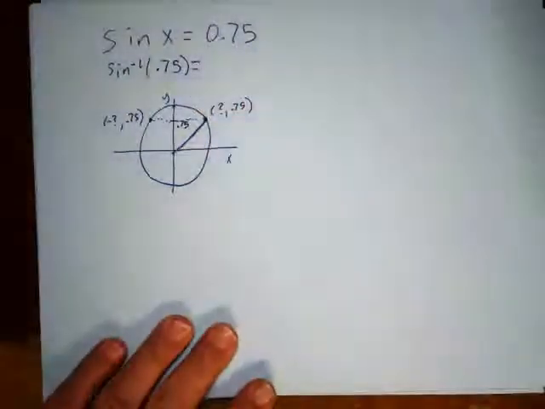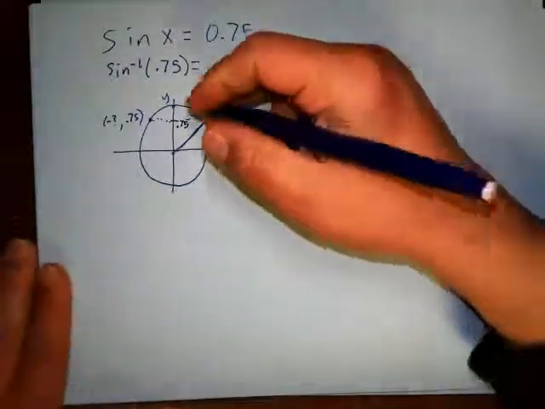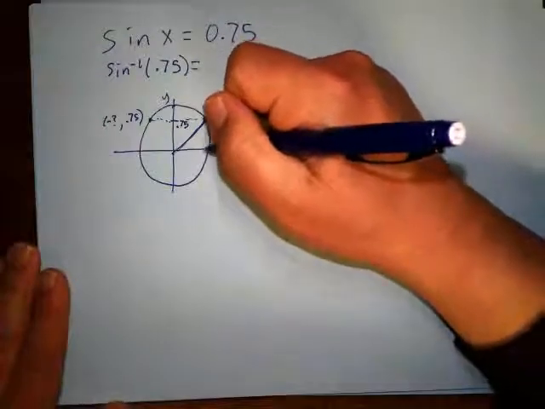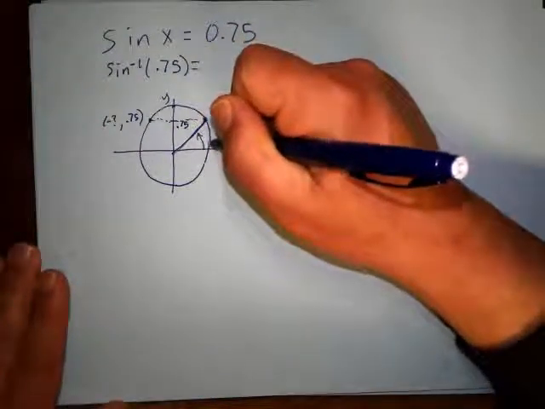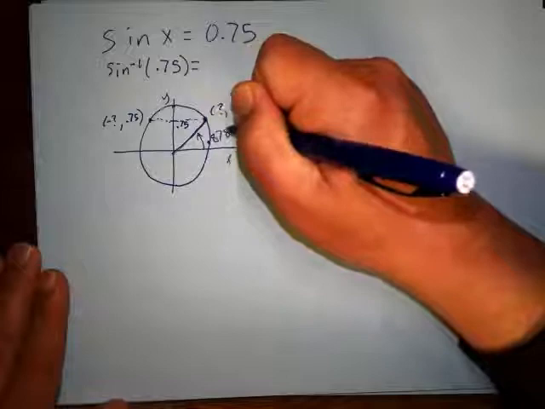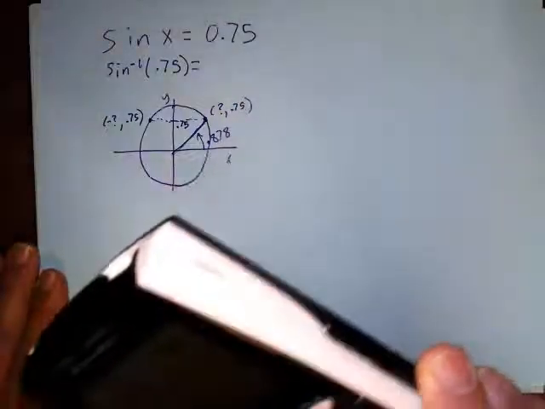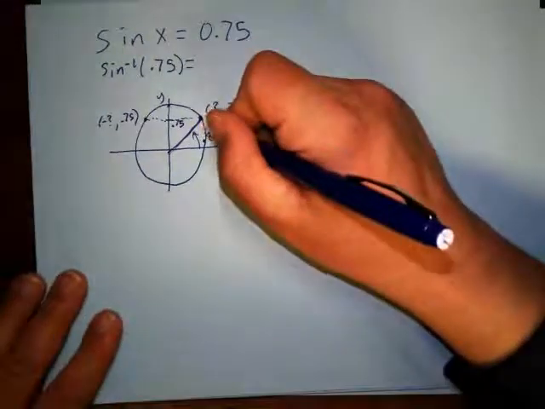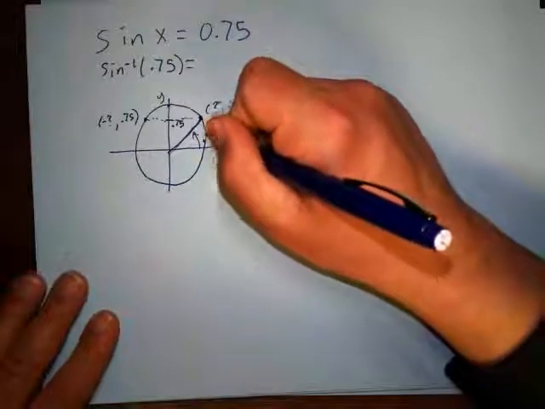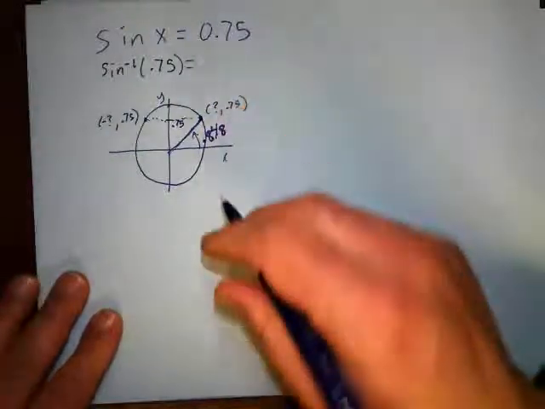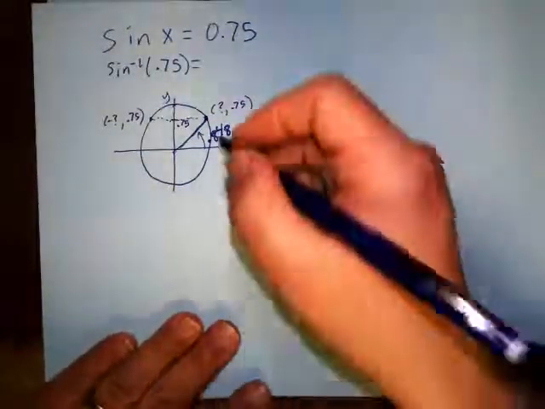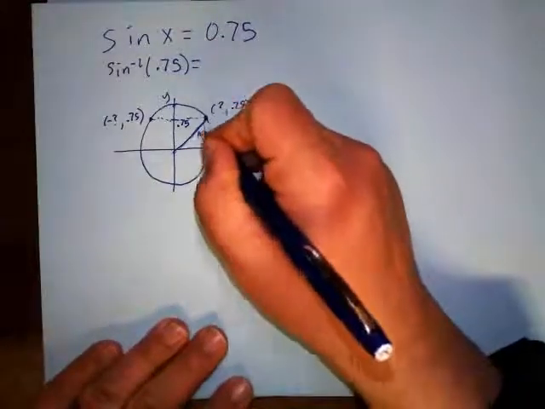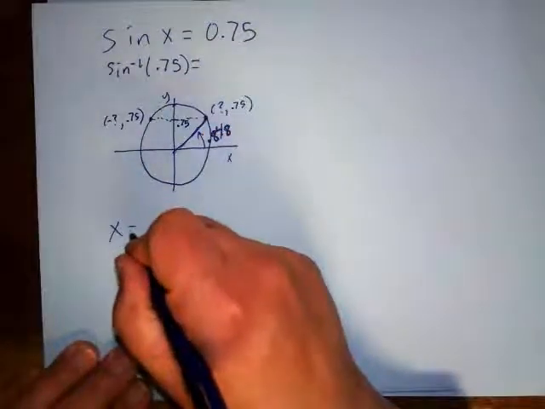We'll round all these to 3 decimal places. That's good enough. Okay, so this angle here is 0.848, and that's one of my two angles, right?